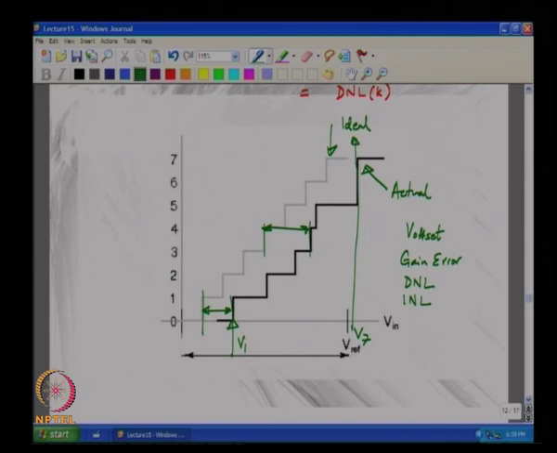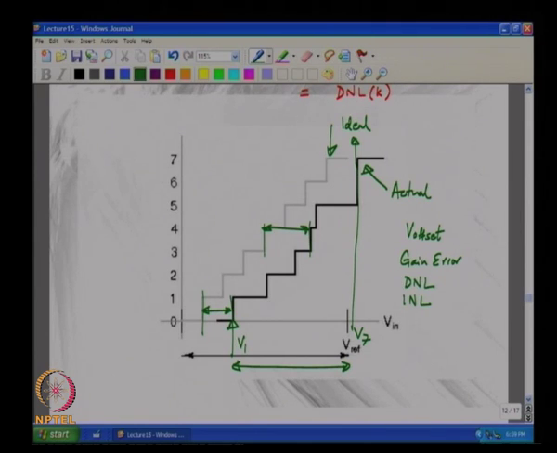All these normalized INLs, or DNLs for example, only depend on the step size, correct. Clearly, because of gain error, my step size is not the same as the ideal step size that I wanted in the first place. So, what I would like to do is figure out my actual step size, and given V7 and V1, it is very straightforward, because I know I must have 6 steps within this range.